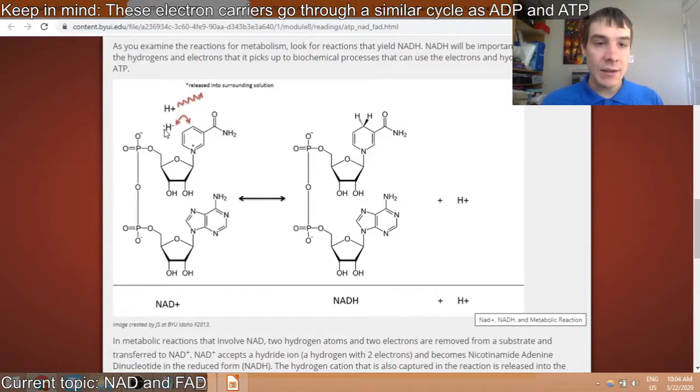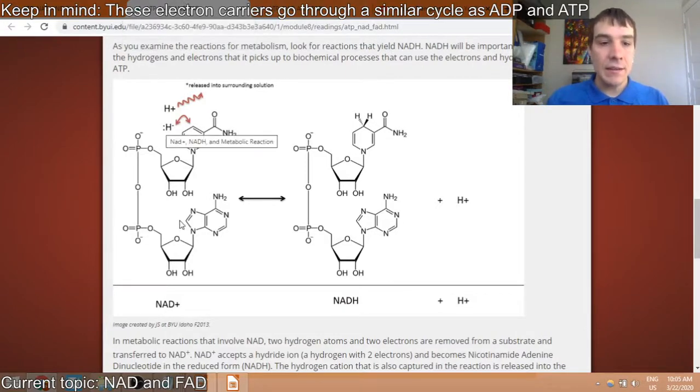So a hydrogen with 2 electrons joins in, making both those electrons make the bond. So this thing is now carrying a hydrogen and 2 electrons. That's NAD.